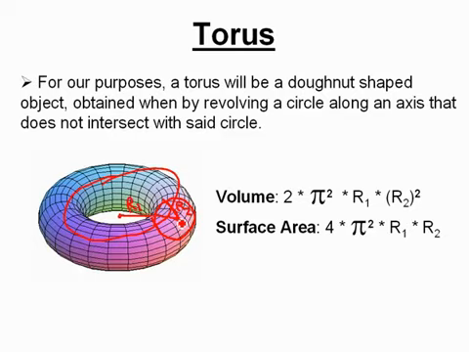Actually, it doesn't even have to be a circle out here. It can be the same circle we used for R2. It can be this small one that was nicer. So from the center of that circle to the center of the torus is R1, and from the center of the circle to the circumference of the circle is R2.